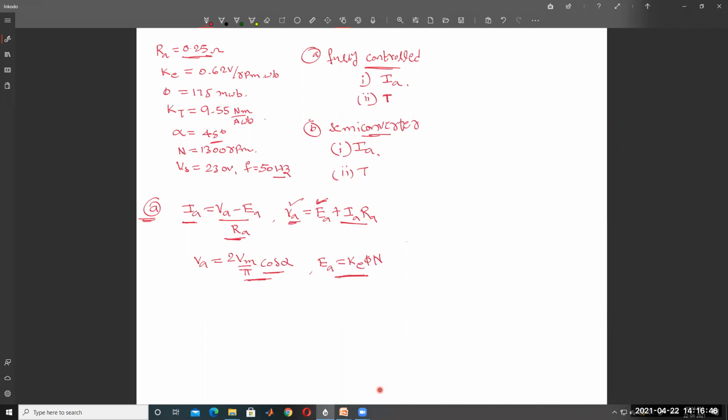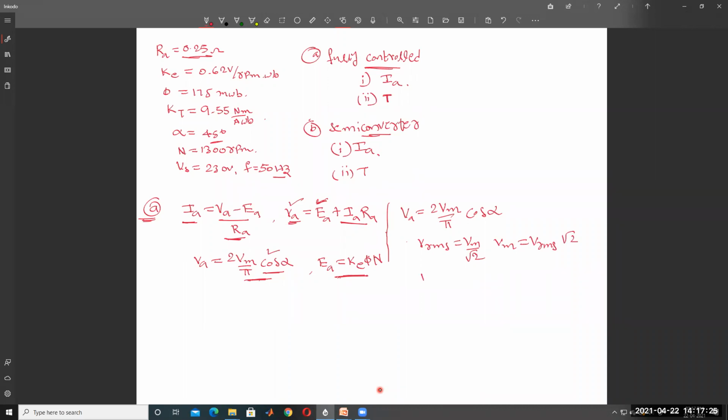First, find Va, the armature voltage: Va is equal to 2 Vm by pi into cos alpha. You know Vrms is equal to Vm by root 2, so Vm is equal to Vrms into root 2.